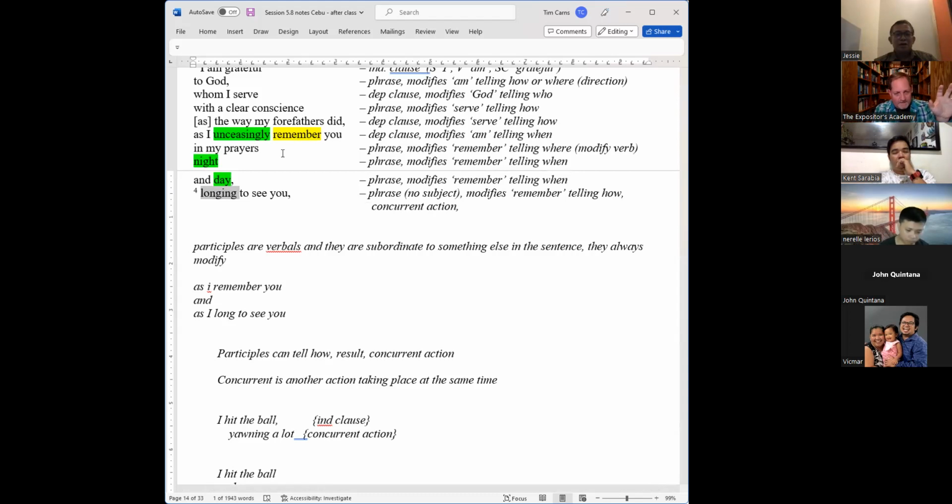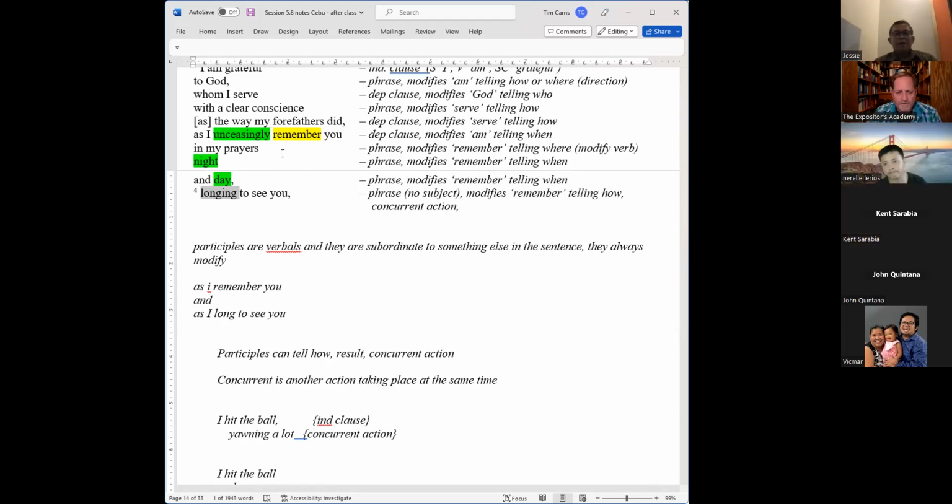They come under, they modify something else. So they're not the same level or importance or priority as a regular verb. That makes sense? So whenever you see a participle, think this is a modifier. It's subordinate to something else in the sentence. In this case, I think remember makes the most sense as it's describing a concurrent action. As he remembers, he's saying longing to see you.